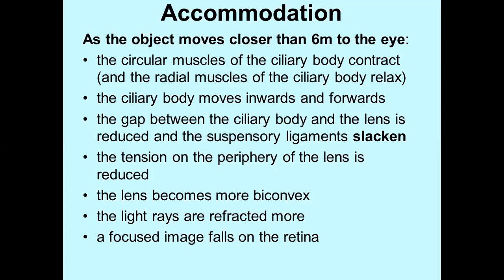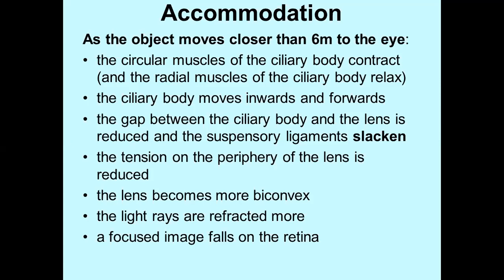Then the suspensory ligament becomes slacker. This reduces the tension on the periphery of the lens. The lens becomes more biconvex, the light rays are refracted more, and a focused image falls on the retina.